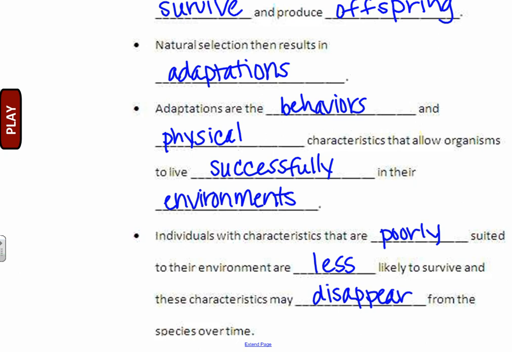The organisms who have adapted and have good behaviors and physical characteristics are able to live successfully and produce their offspring to continue their species and those traits. So that's the difference between adaptations and natural selection. Natural selection is that process of getting a behavioral or physical adaptation.